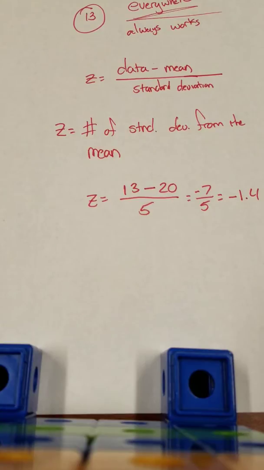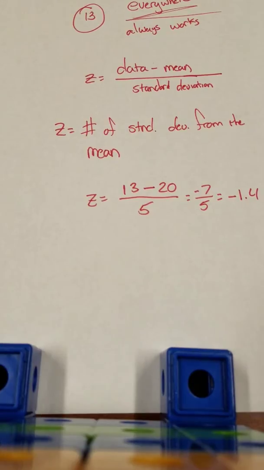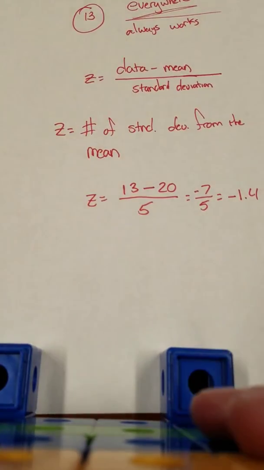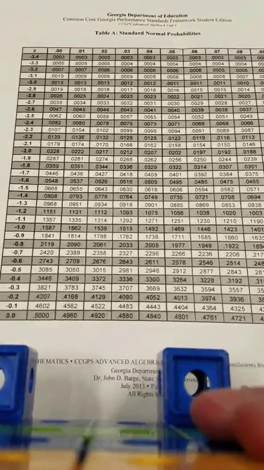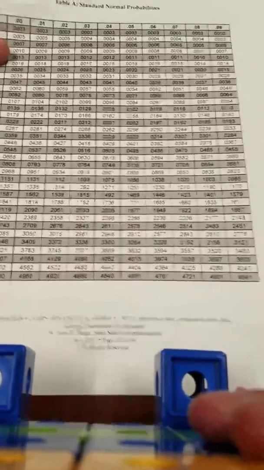Now, you have a chart. It is on the back of your worksheet. So on the back of the packet. All right, and it's going to look something like that.